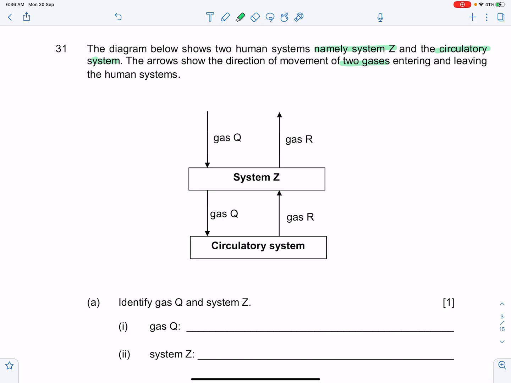Okay, so when there are two gases, the two gases that we are familiar with would be your oxygen and your carbon dioxide.